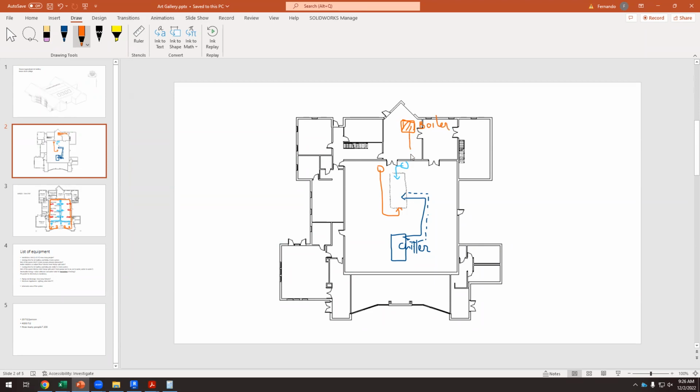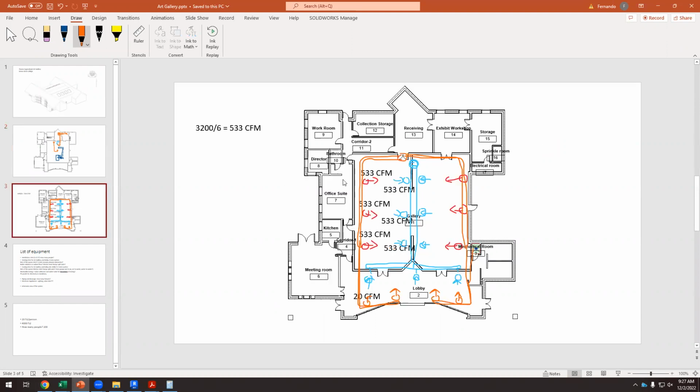And that boiler, I have to connect this to the heating coil from here. So with this, I have solved the heating, cooling, and ventilation system for these two spaces, for the art gallery and the lobby.